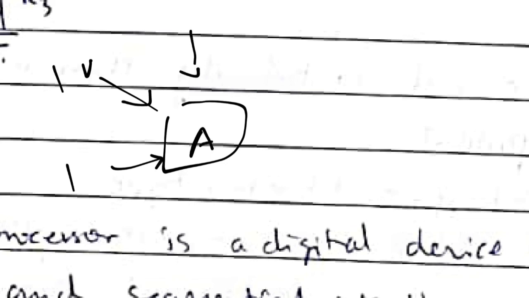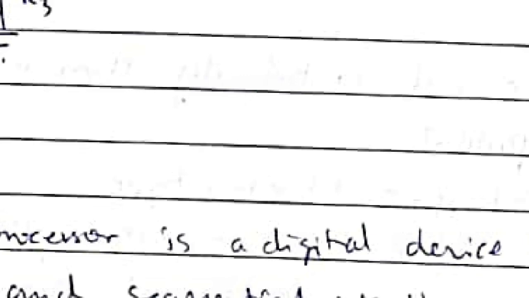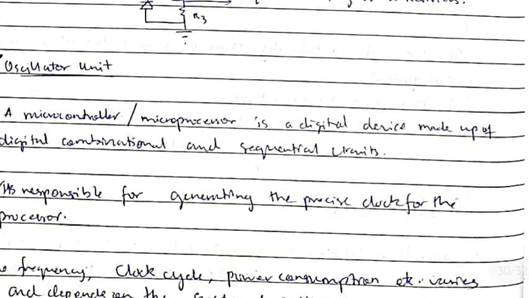If it is 1 plus 1, then it will be 2 here, and 2 is not connected to the previous output. If it was connected, then the next output would be 1 plus 1 plus 2. That is the combinational circuit, and the sequential one just depends on the input values. In both cases, we use the oscillator unit to generate the pulses, meaning when the input should change to the registers.